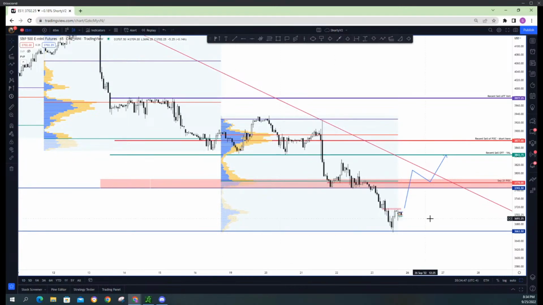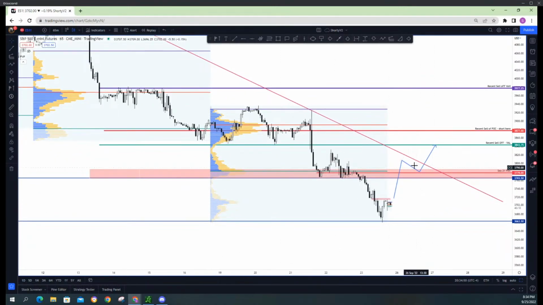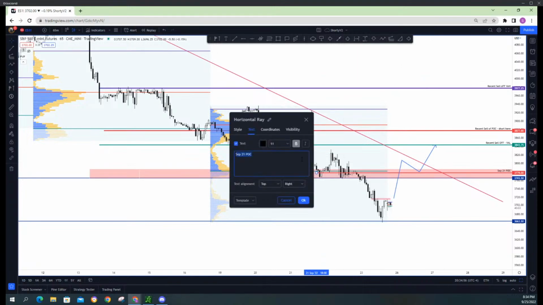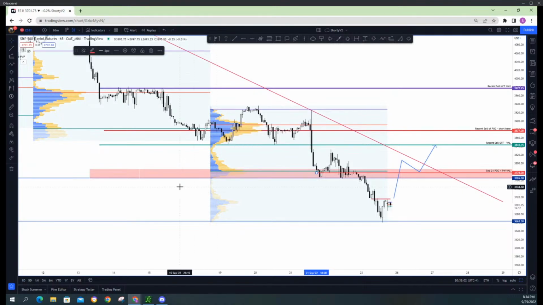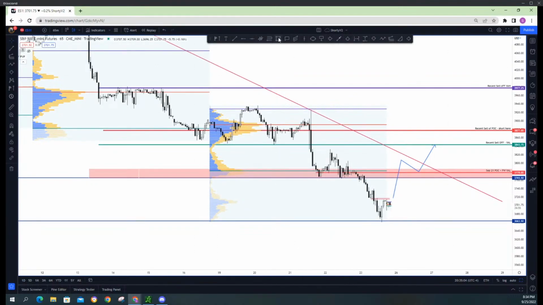Okay, so you guys see how important this level here is? So this is our weekly value as well. This is going to be a pretty important level here.